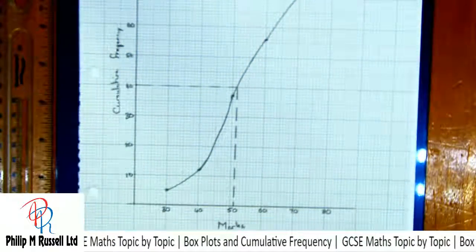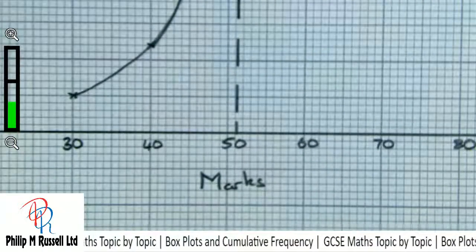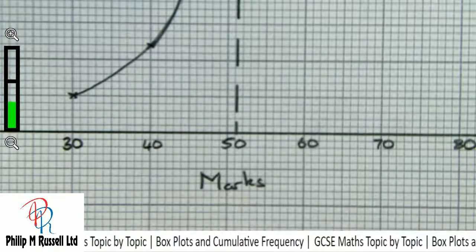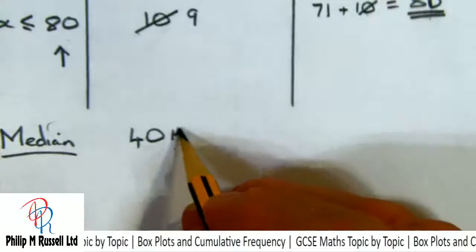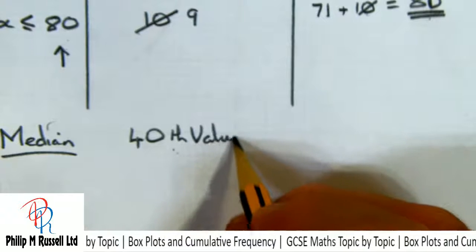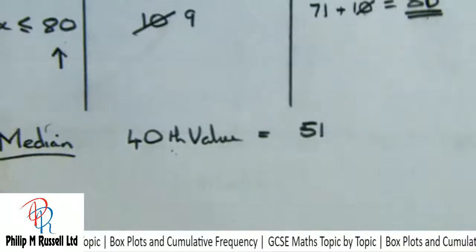And near enough, that's going to give me 51. So let's put in my median, which is the 40th value, and that equals 51.